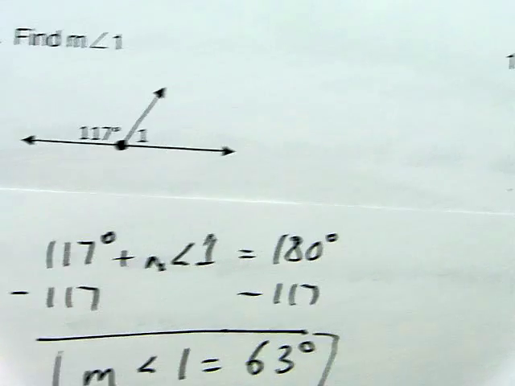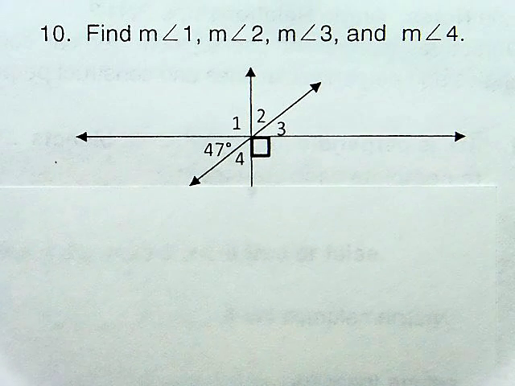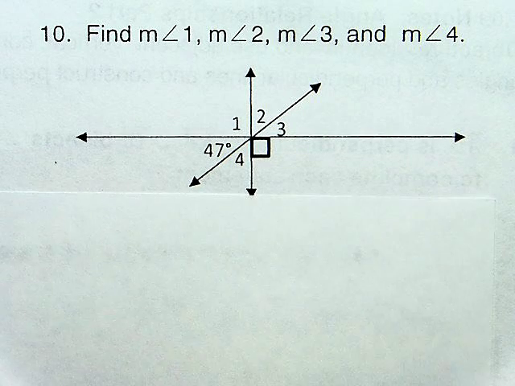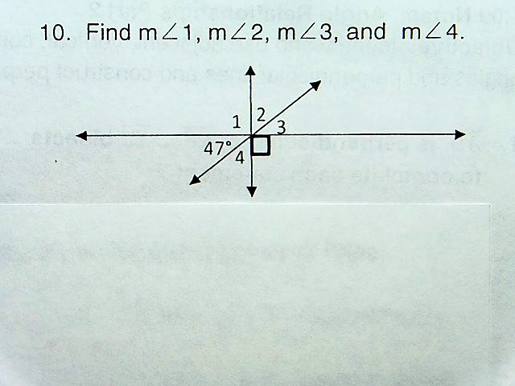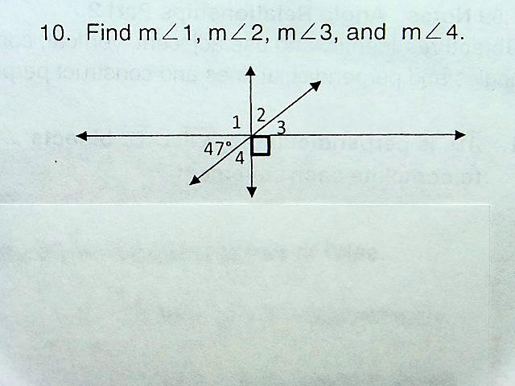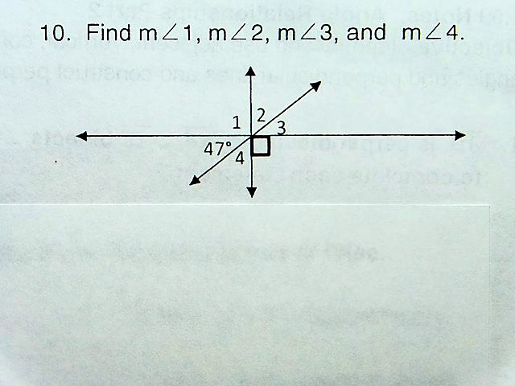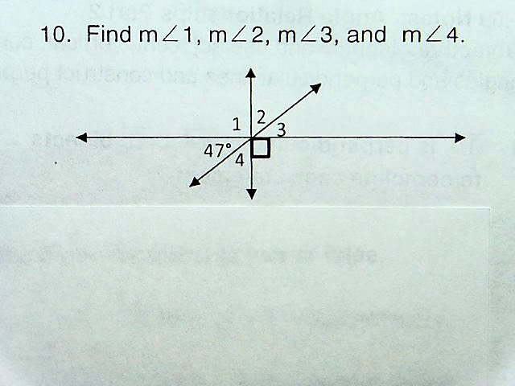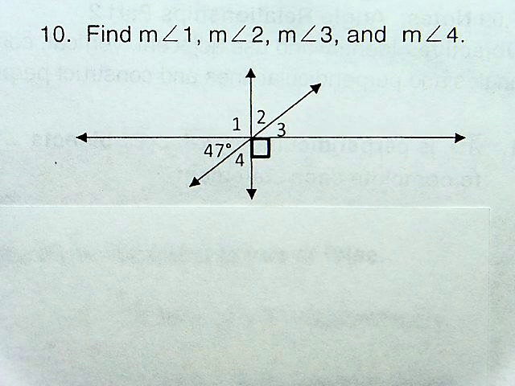Now, problem number 10 is a bit more complicated. So we're actually given 4 unknown angles here that we need to solve for. Angles 1, 2, 3, and 4, we need to solve for their measures. And this is the first time we're going to use some of the properties of vertical angles.